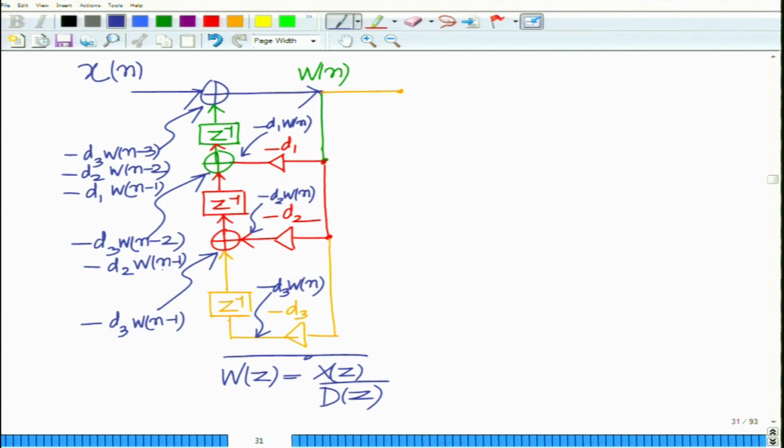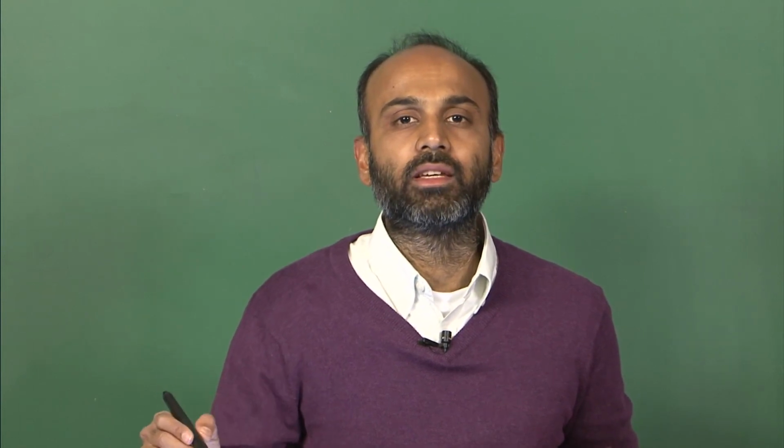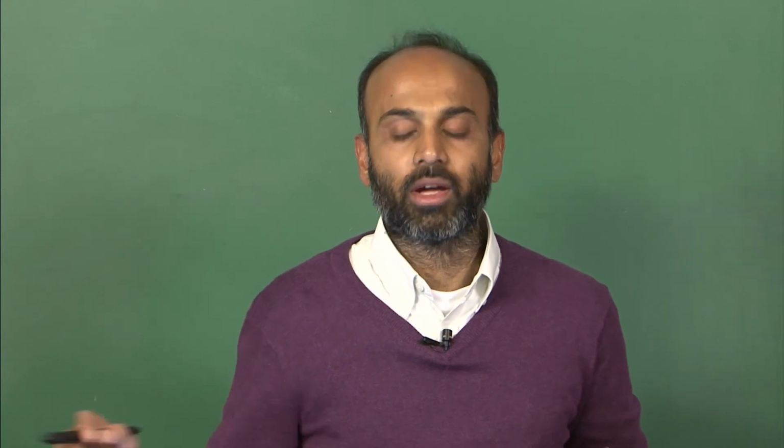Now we have this quantity w(n), and from w(n) we have to generate y(n). We know that W(z) times P(z) is Y(z). So, using this system we generate the output Y(z).